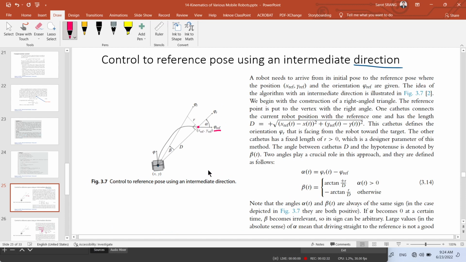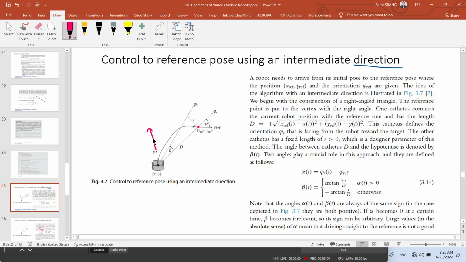The term intermediate direction means we set up a direction in between: not the desired one at the goal, but one between the current orientation and the desired one. For example, here the intermediate direction is this one, represented by phi t.